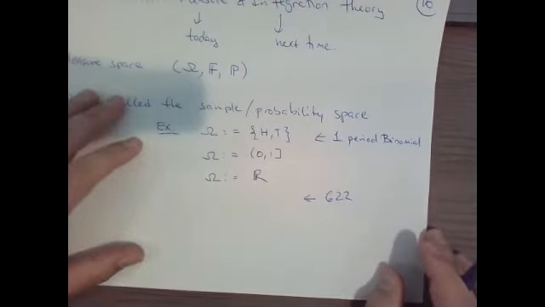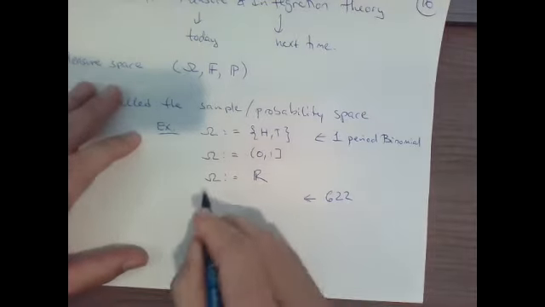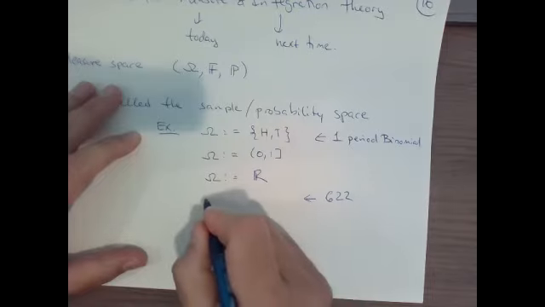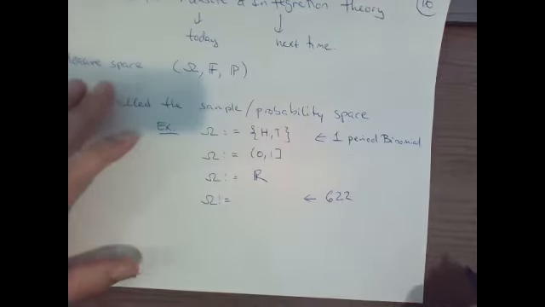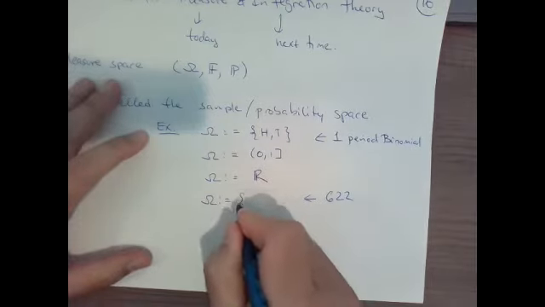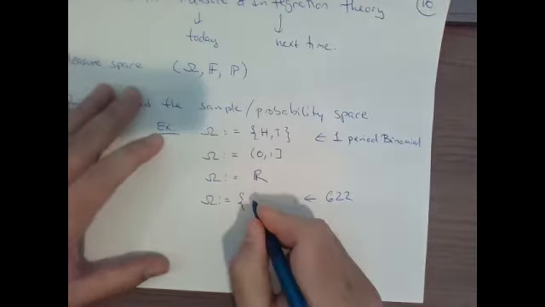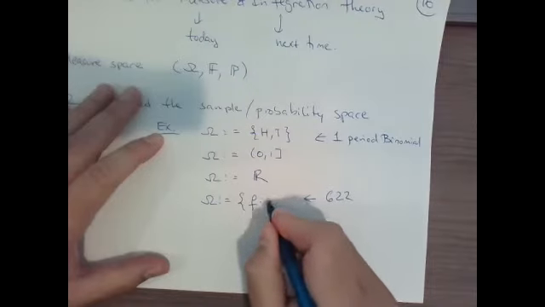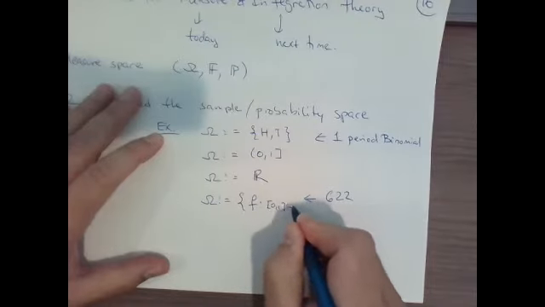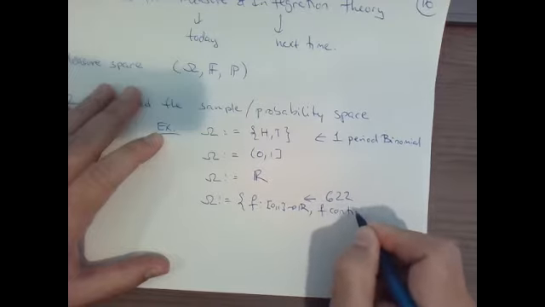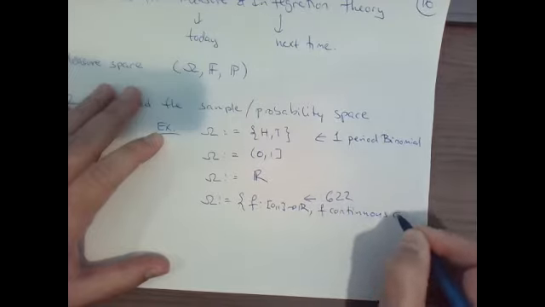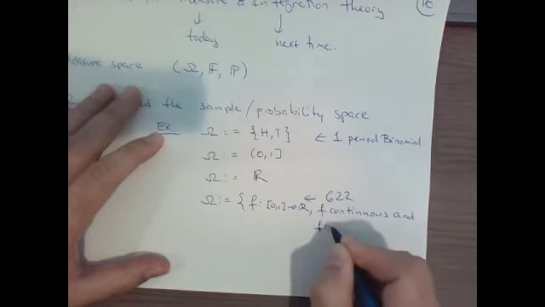We're not going to be doing this, but just to give you an idea about how general this space can be. This here can be the set of functions f from, say, 0 to 1 to R, where f is continuous and f at 0 is 0.